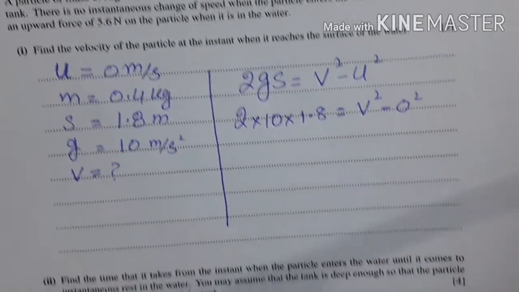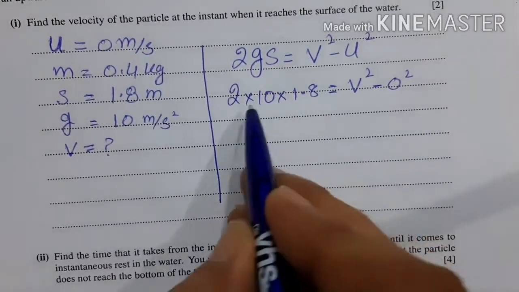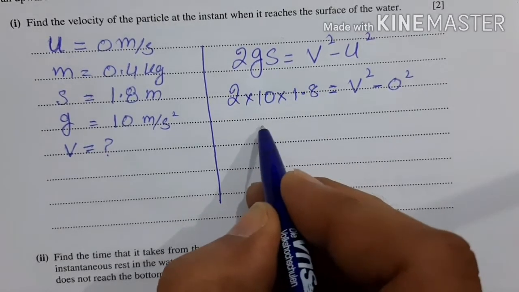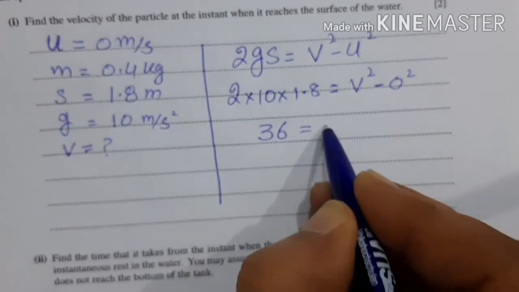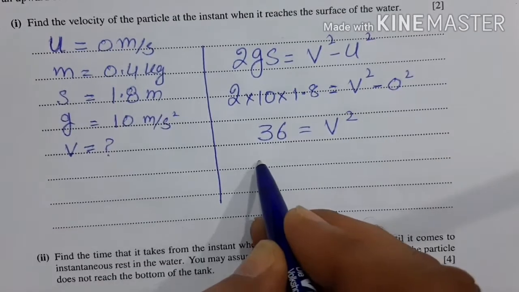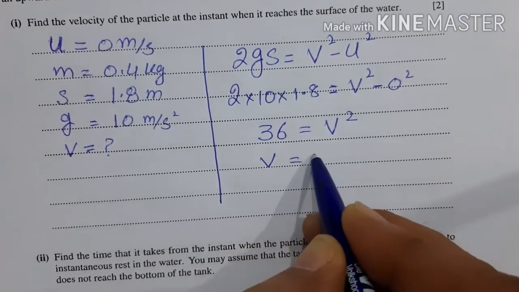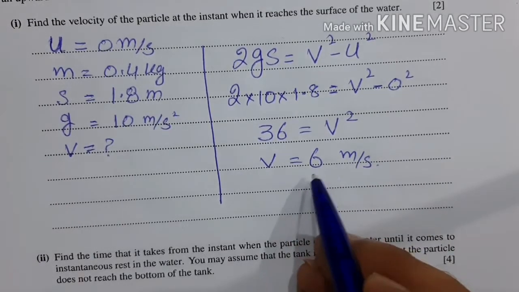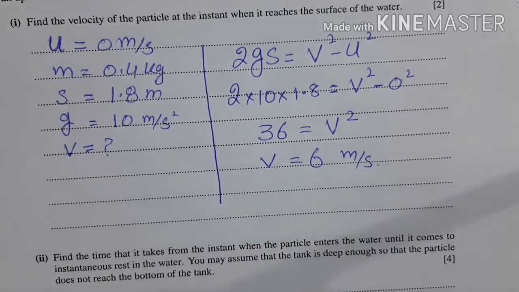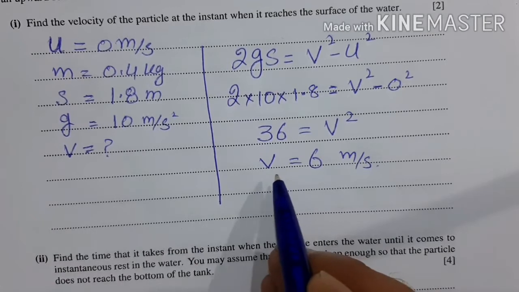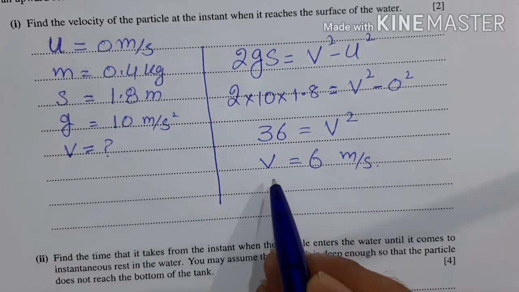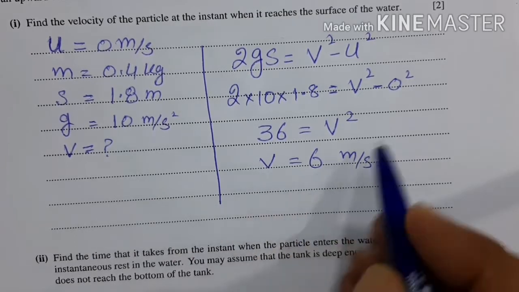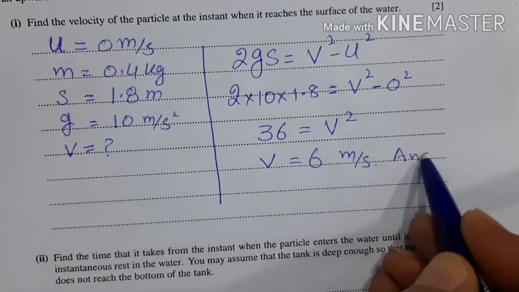So this will be like 36 is equal to v square, or v is equal to 6 meters per second. We'll ignore the negative 6 because the particle is accelerating, so velocity should increase, so there will be no negative 6. So this is the answer of part 1.